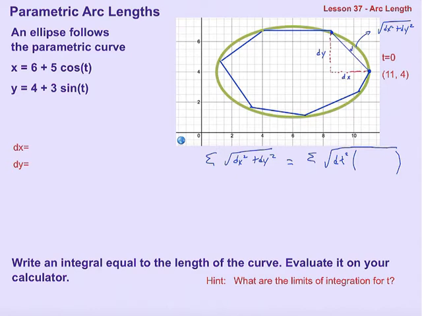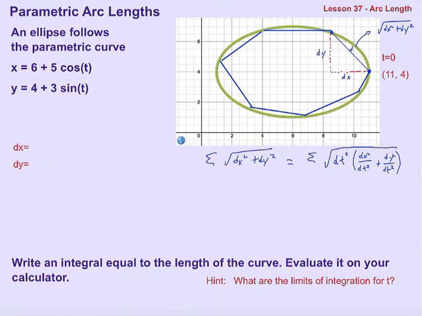But like we saw in the last example, if you pull out a dt squared from dx squared, you're left with dx squared over dt squared. Similarly, we'd be left with dy squared over dt squared. What I've done is undistributed a dt squared. You can see if I were to redistribute that, I would be left with the square root of just dx squared plus dy squared. I haven't broken any rules or anything like that.